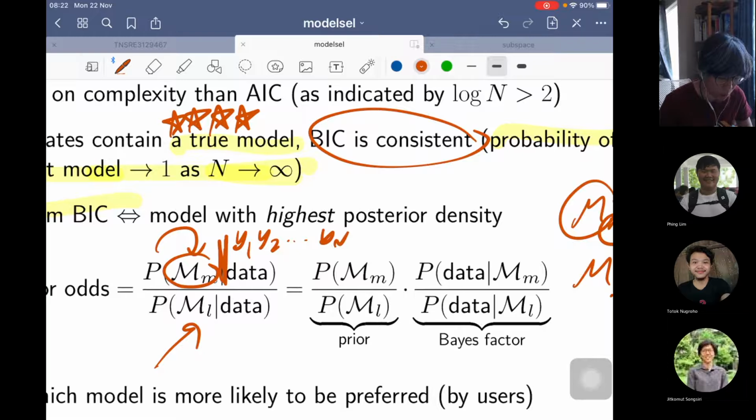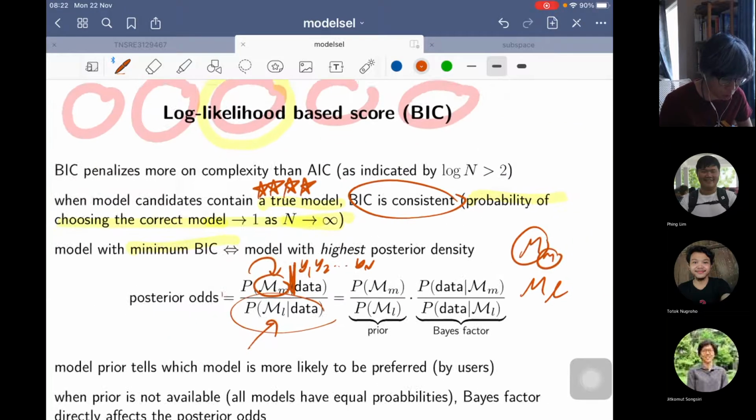So when you compute the conditional probability of model M divided by model L, this ratio is called the odds. We put a prefix here, posterior odds, to emphasize that this is the odds after we observe the data point.